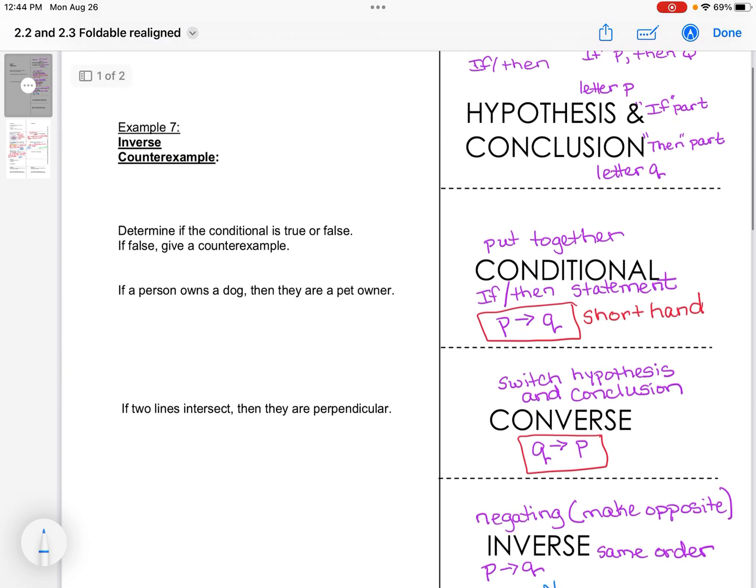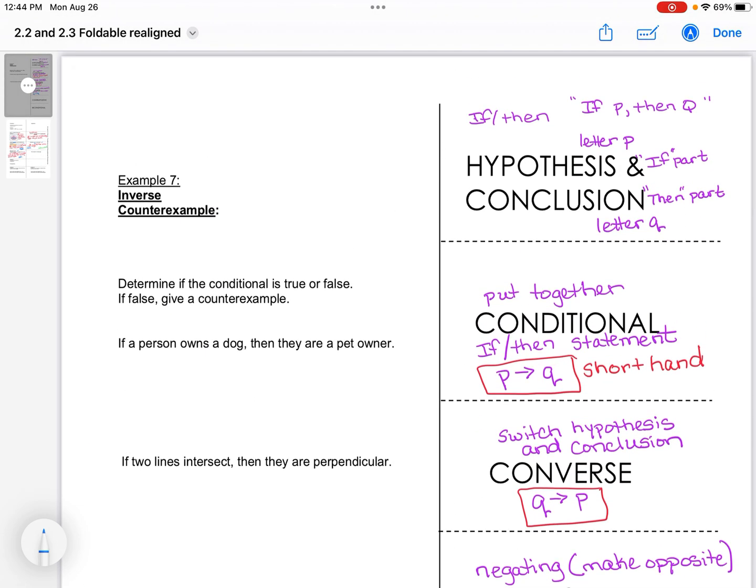All right, where's example 7? Inverse counterexample. Oh, I got it.